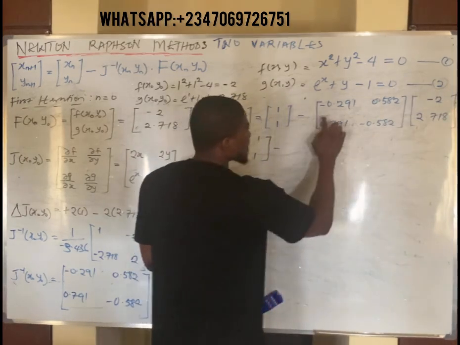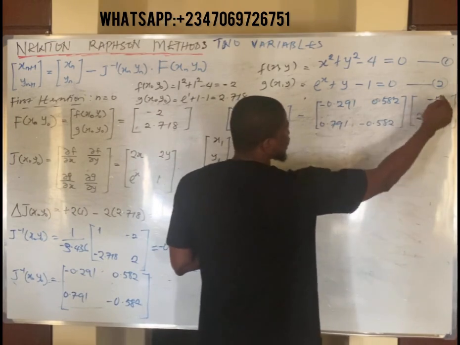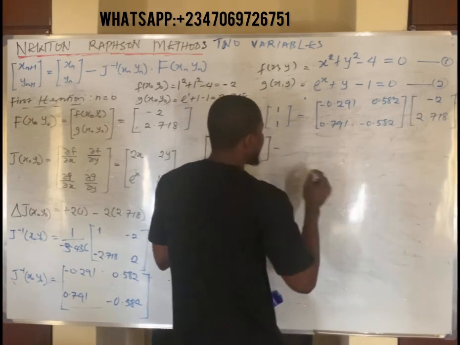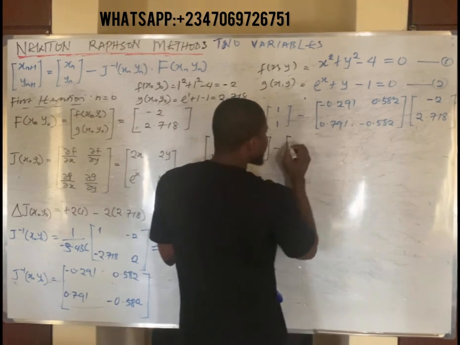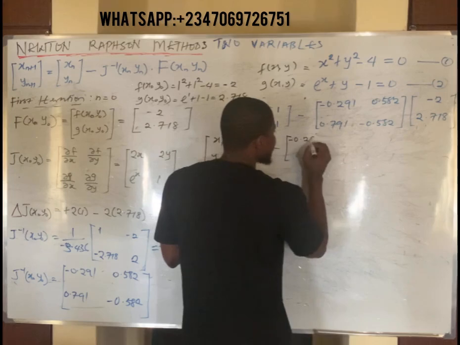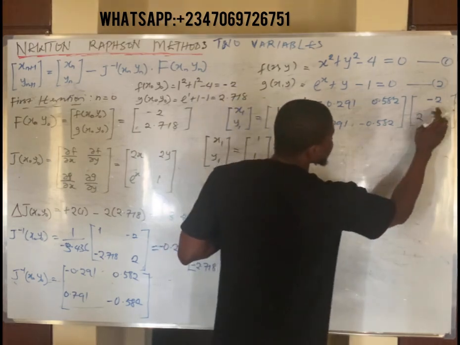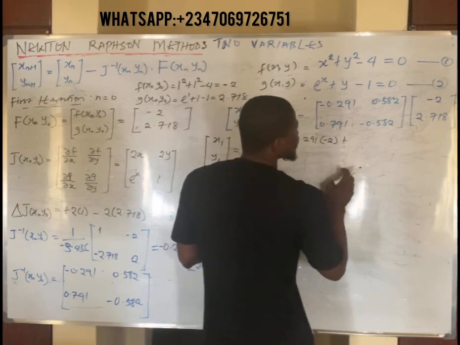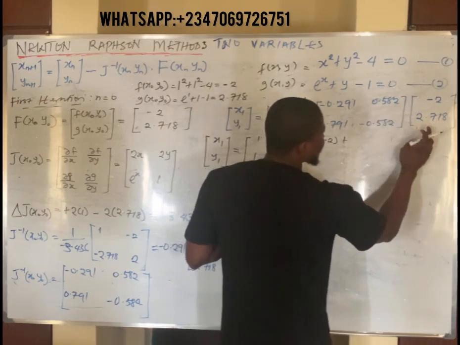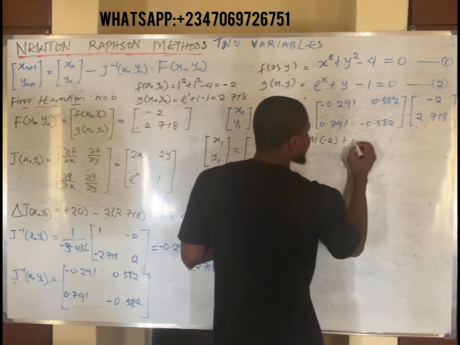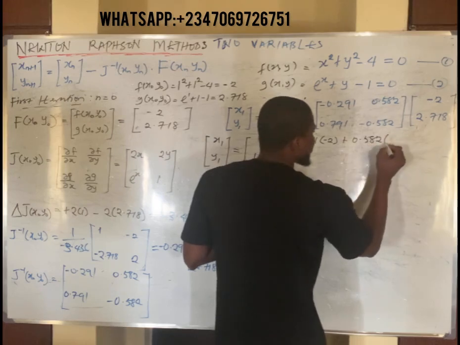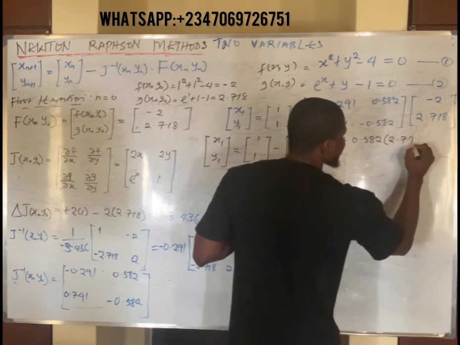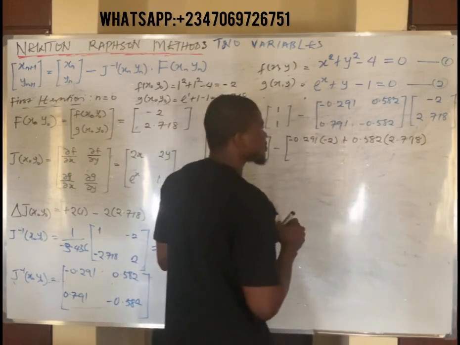If you do that, this gives us negative 0.291 multiplied by negative 2 plus, again, you have 0.582 multiplied by 2.718. Okay, that settles the first row.